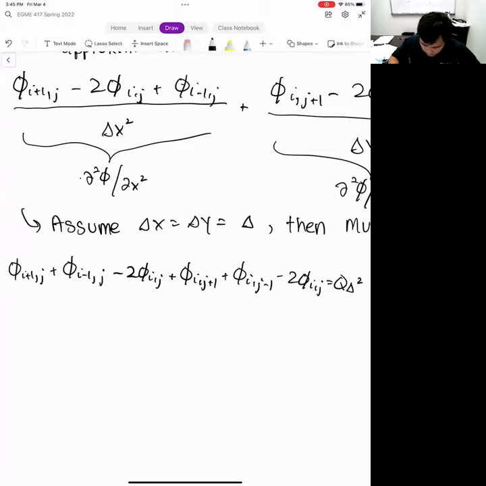Right, and so the delta squared came over to the other side because we multiplied both sides of the equation by it. Let's simplify this a little bit. We have a common term here, so we can combine it together.